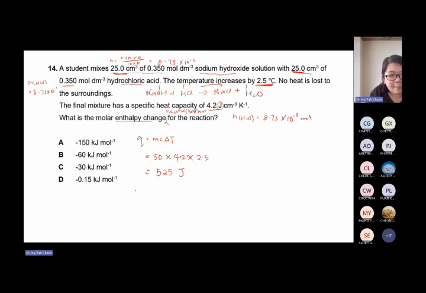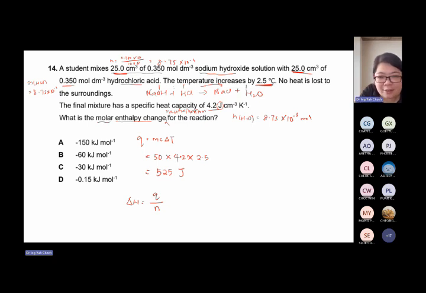And then, we cannot stop here because we want to find the molar enthalpy change. That means it must be per mole of water. So delta H will be Q divided by n. The n here depends on which standard enthalpy change you're talking about.